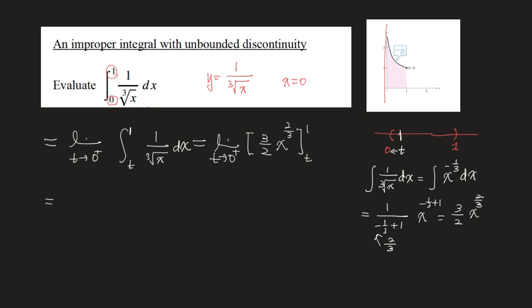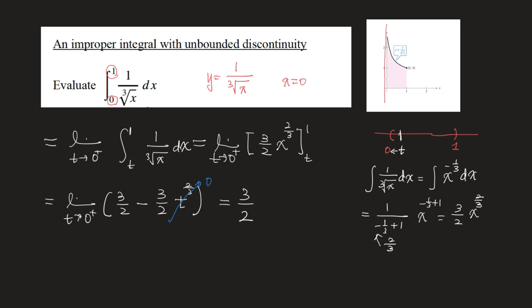So you plug in the 1: 3 over 2 times 1 to the 2 over 3, which is 1, minus 3 over 2 t to the 2 over 3. As t approaches 0 from the right, this value goes to 0. So this limit is going to be 3 over 2.